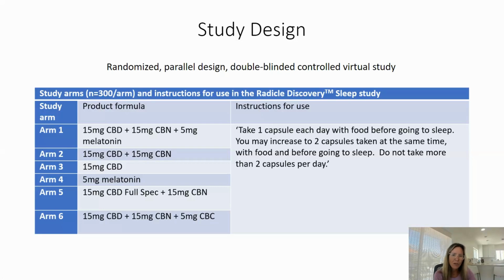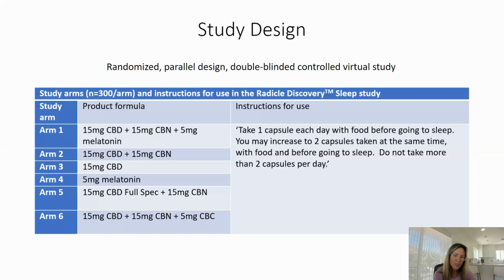Here you can see what the 6 arms were. Arm 1 was 15 milligrams of CBD with 15 milligrams of CBN and 5 milligrams of melatonin. Arm 2, 15 milligrams of CBD and 15 milligrams of CBN. Arm 3, just 15 milligrams of CBD.